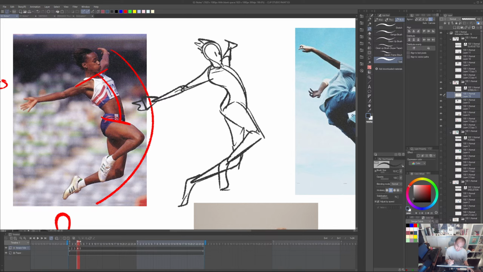While this is a lot easier, you need to understand a lot of things too. You need to understand where to put the center line. So I just do a center line to clearly define where the body is facing, right here.